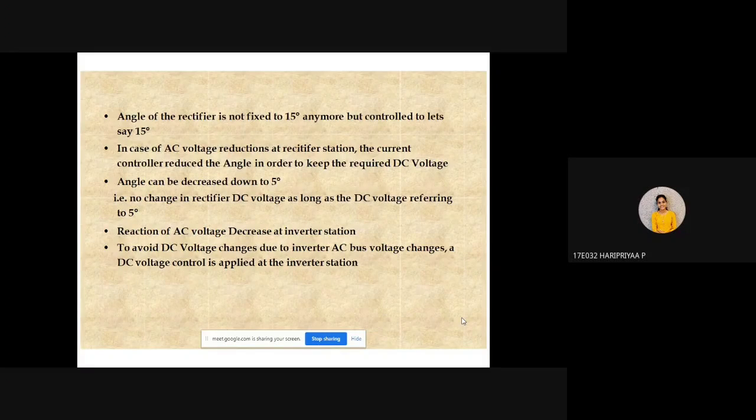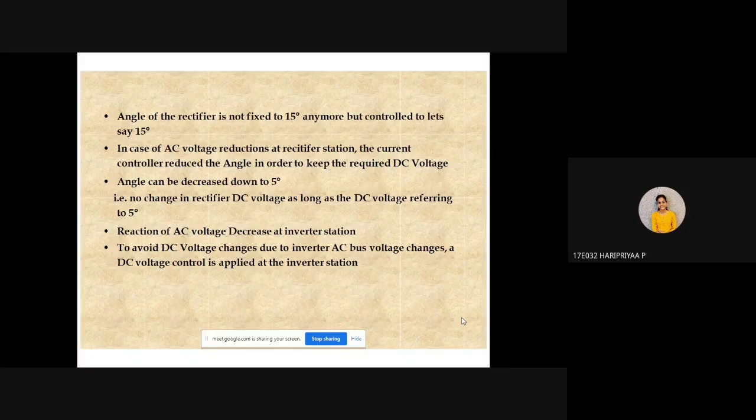In case of AC voltage reductions at rectifier stations, the current control reduces the angle in order to keep the required DC voltage. The angle can be decreased down to 5 degree.